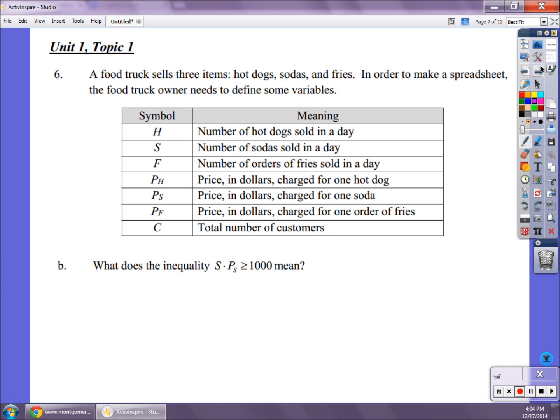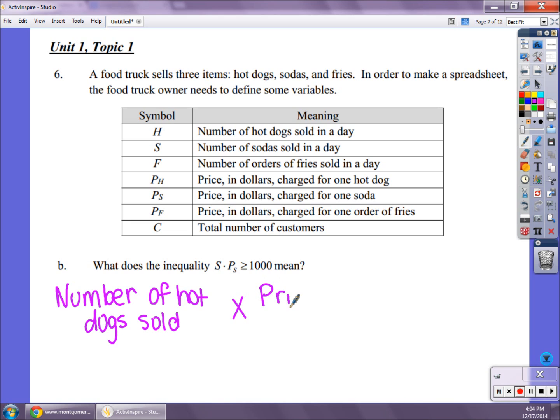So what I notice is we have the number of hot dogs sold times the price of each soda.